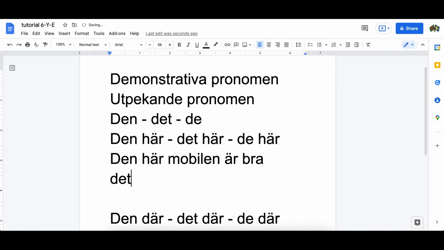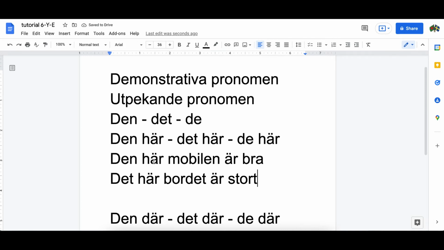Men om vi skriver det här, nu kan vi inte använda mobilen eftersom vi har använt det. Så vi måste använda ett ord, för exempel bordet. Så det här bordet är stort. This table is big.